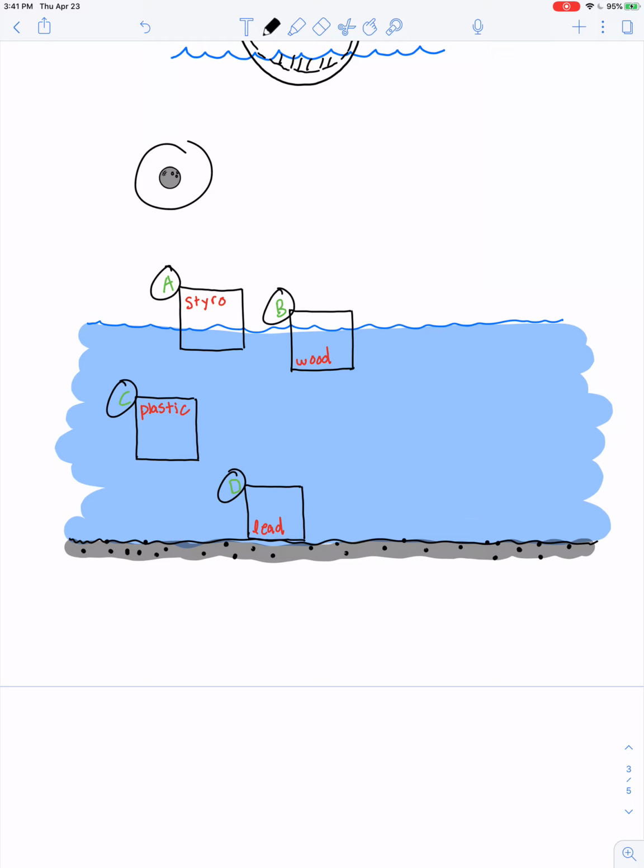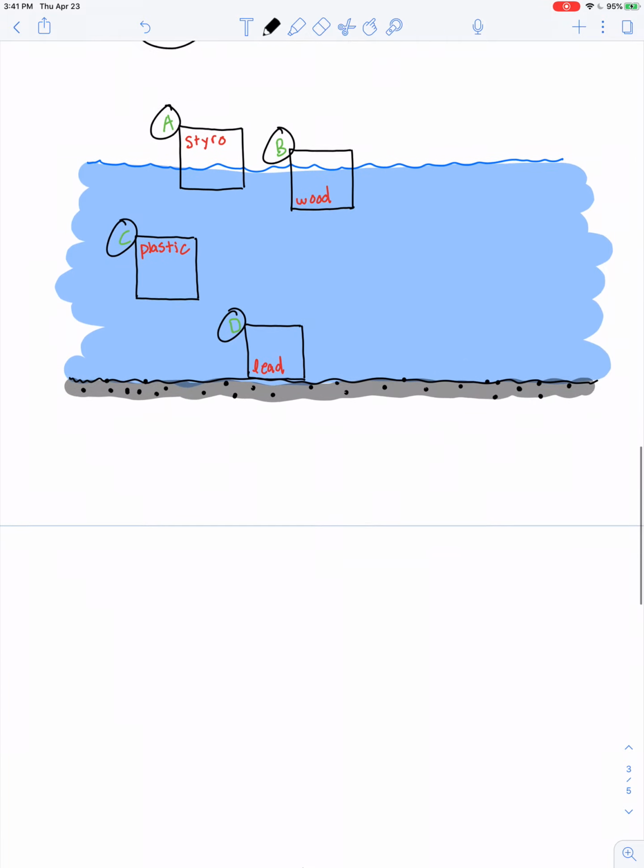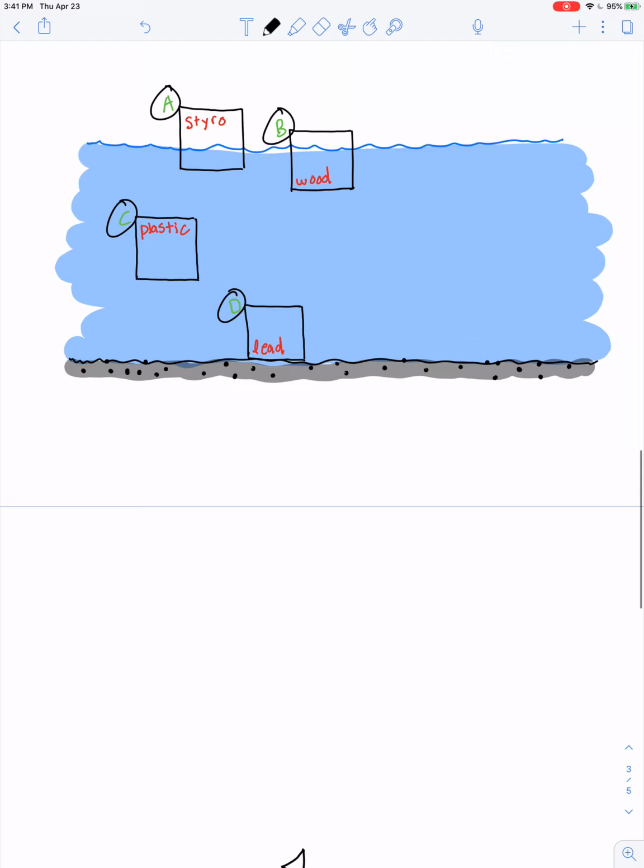I'll give you a minute. Think about it, and on your own paper, scribble down an answer. Rank these blocks in terms of the buoyant force they experience from greatest to least. I'll give you 2 possible answers.